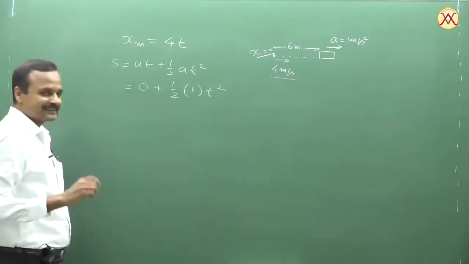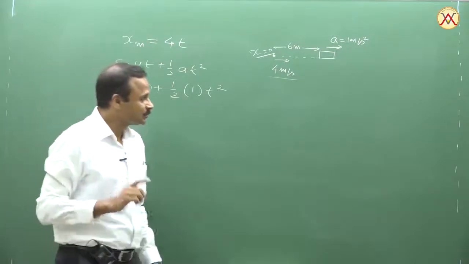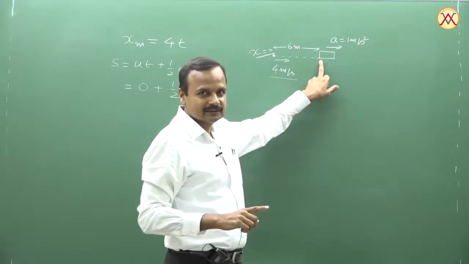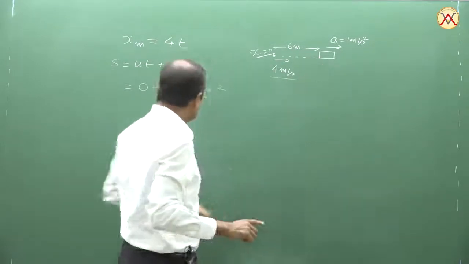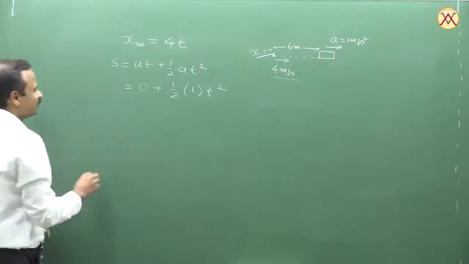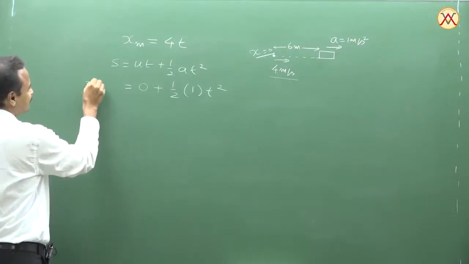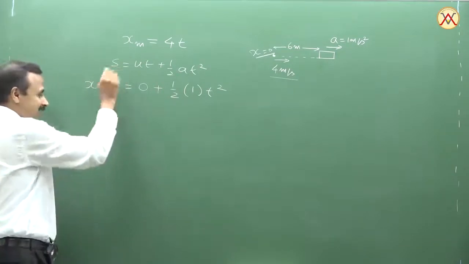Now what about this s? s represents the displacement, the displacement from the starting position of the bus. But the bus is already at 6 meters. So the displacement of the bus we can write as x minus 6. See, s is the displacement.